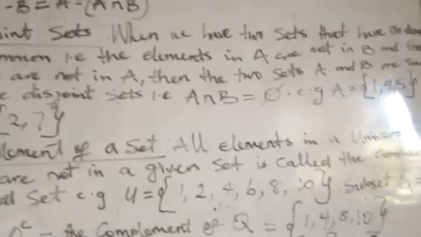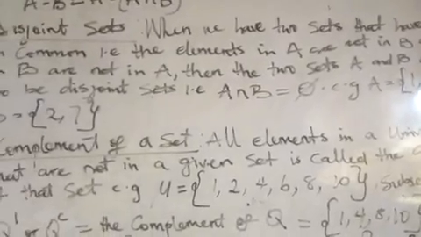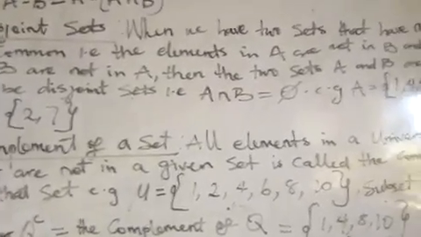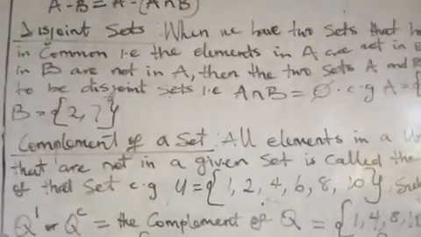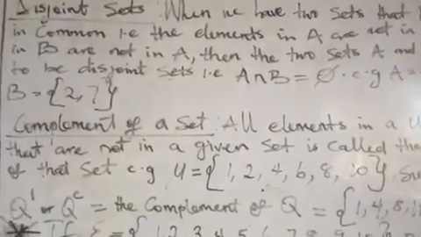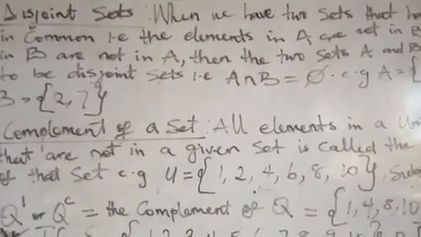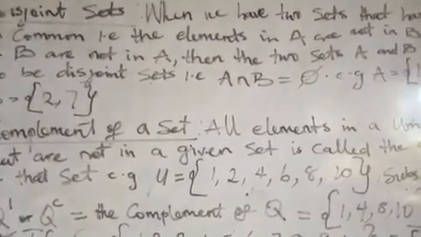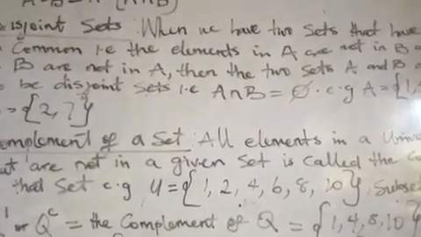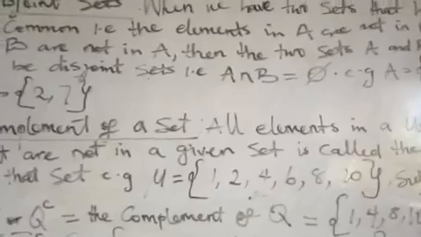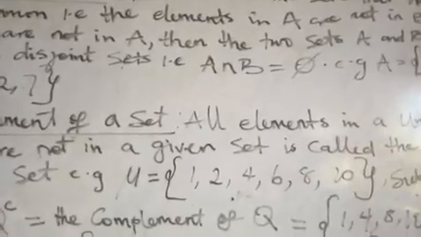That is, the elements in A are not in B, and those that are in B are not in A. Then the two sets A and B are said to be disjoint sets. So A intersection B equals to what? 0. So kò sí nǹkan kan tó jọ ṣe. So when you have A intersection B to be null, void, to be 0, then you have your what?